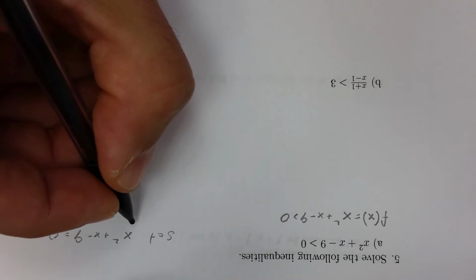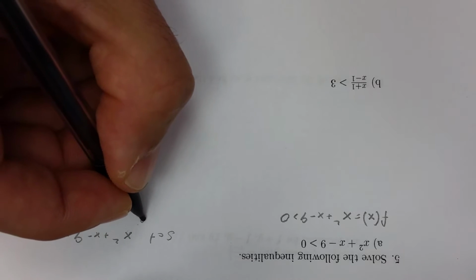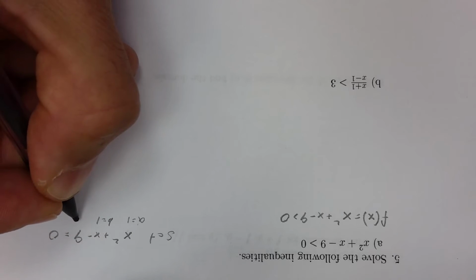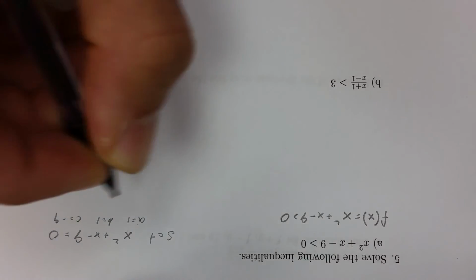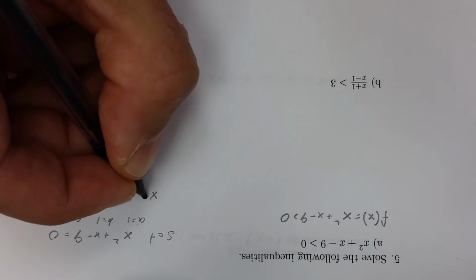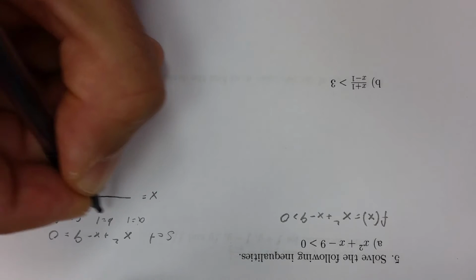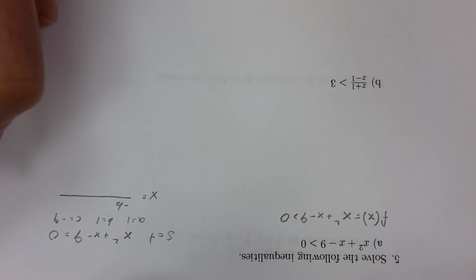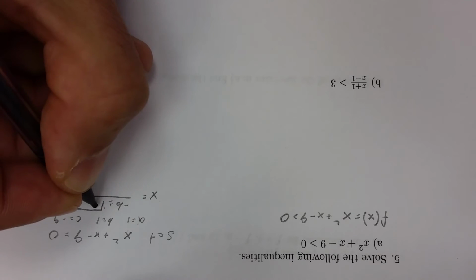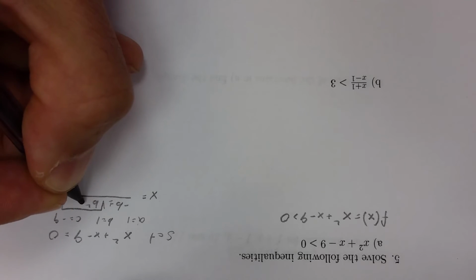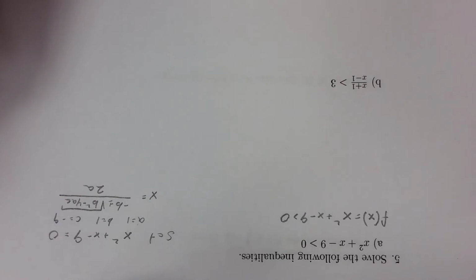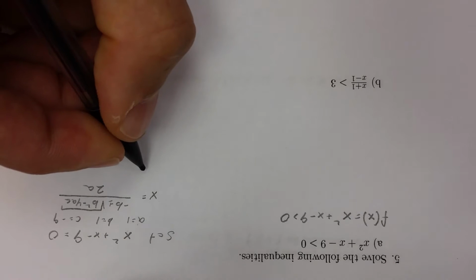So what we have here is our coefficients. A is equal to 1, b is equal to 1, that's the coefficient in front of the x, and c is equal to minus 9. So the quadratic formula, as you know very well, is negative b plus or minus the square root of b squared minus 4ac all over 2a. And let's go ahead and do that computation.